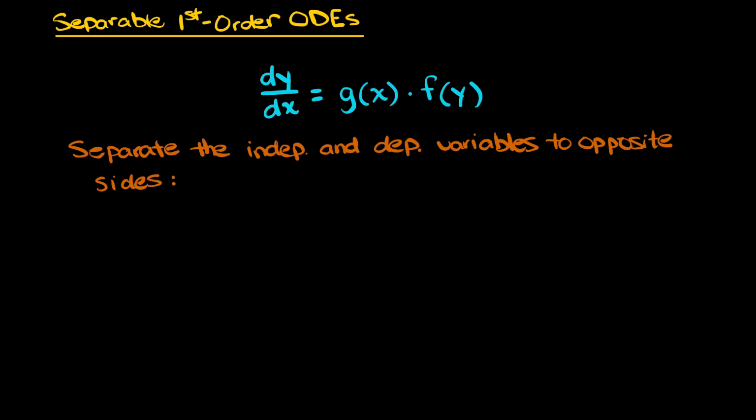So in general, this would look like this. We're going to divide both sides by the function of y, keeping the dy on this side, and multiply both sides by the dx. Because this equation was separable and we had g of x and f of y as products, we're able to write something of this form.